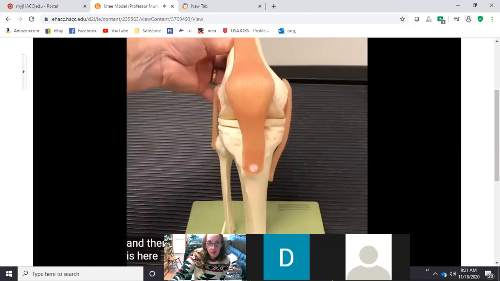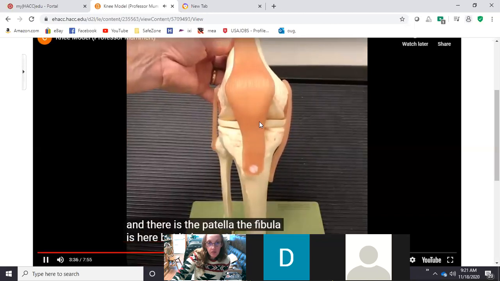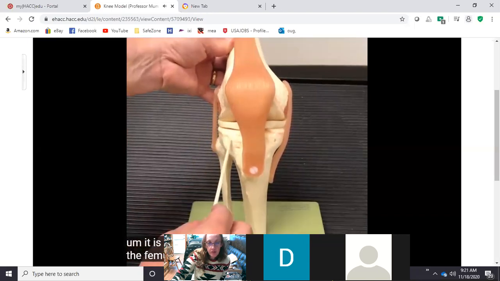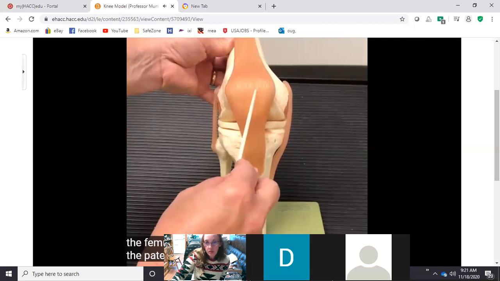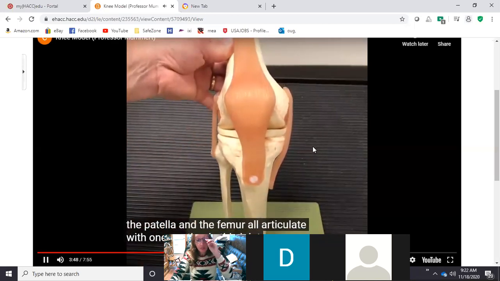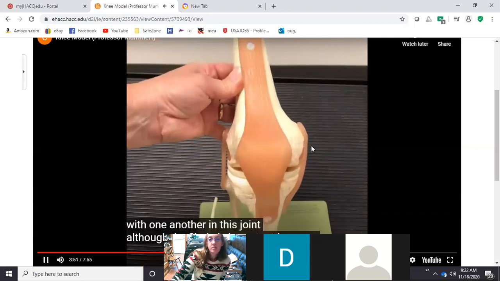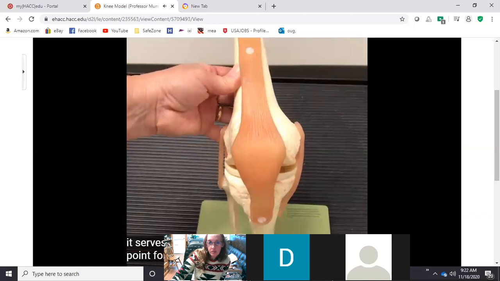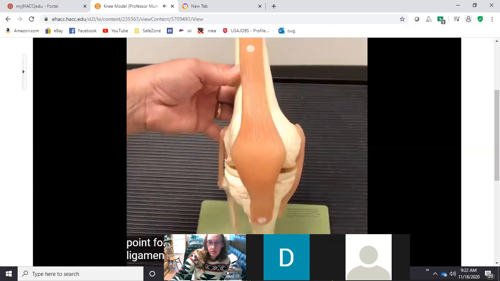The fibula is here, but it does not articulate with the femur. Just the tibia, the patella, and the femur all articulate with one another in this joint. Although the fibula is important because it serves as an attachment point for some of these extracapsular ligaments.